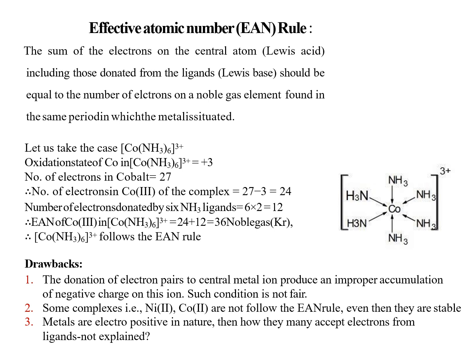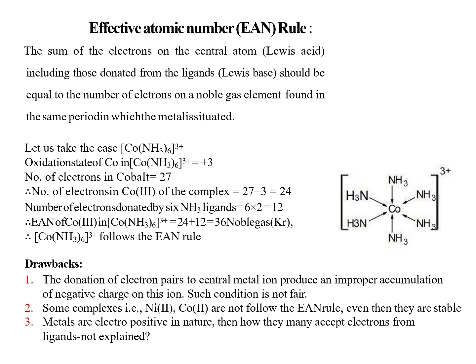Next is the effective atomic number, that is, the EAN rule. The sum of the electrons on the central atom, the Lewis acid, including those donated from the ligand, the Lewis base, should be equal to the number of electrons of a noble gas element found in the same period in which the metal is situated.